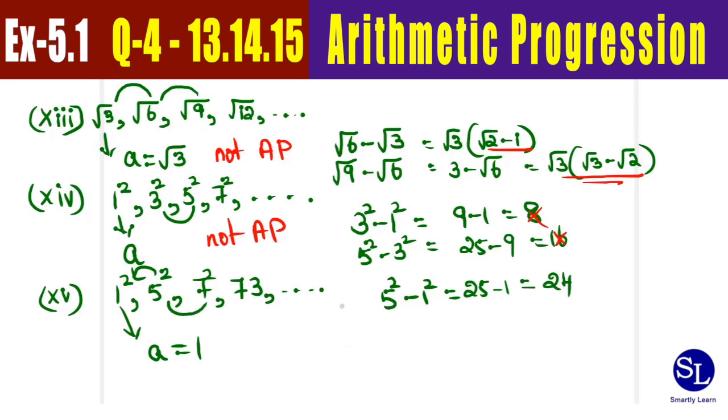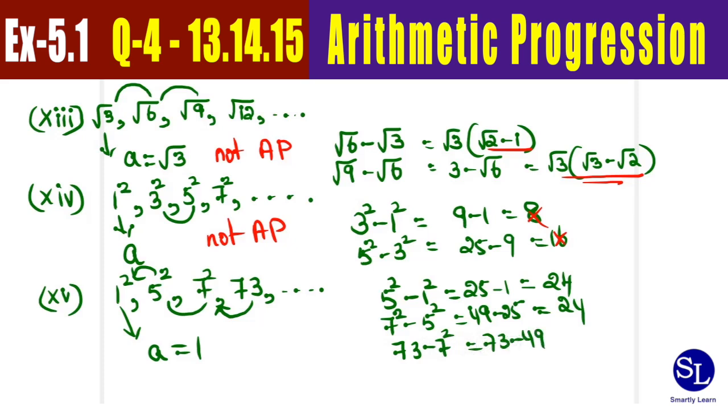Now between the second and the third term, so 7 squared minus 5 squared, so 49 minus 25, which is also 24. Since this is not given in the power notation, let us do a comparison once more to see if you get the common difference. So 73 minus 7 squared, which is 73 minus 49, which is another 24. So this is definitely an AP because you have a common difference of 24.